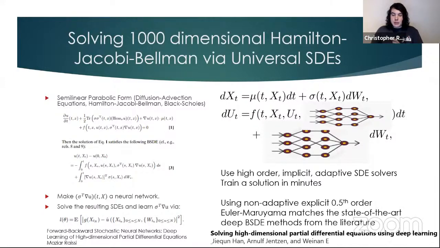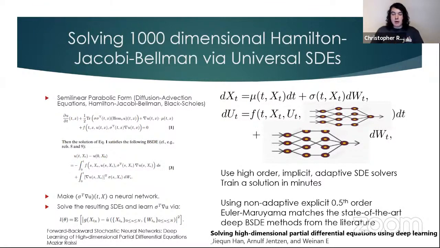Now, the way to extend the previous work is to understand all you have to do is define this SDE where you have the same neural network showing up in these two spots, and there you go. This is a universal stochastic differential equation. If you do an Euler-Maruyama discretization of this stochastic differential equation, then you recover these methods that people have been able to show can solve 100-dimensional Hamilton-Jacobi-Bellman equations.